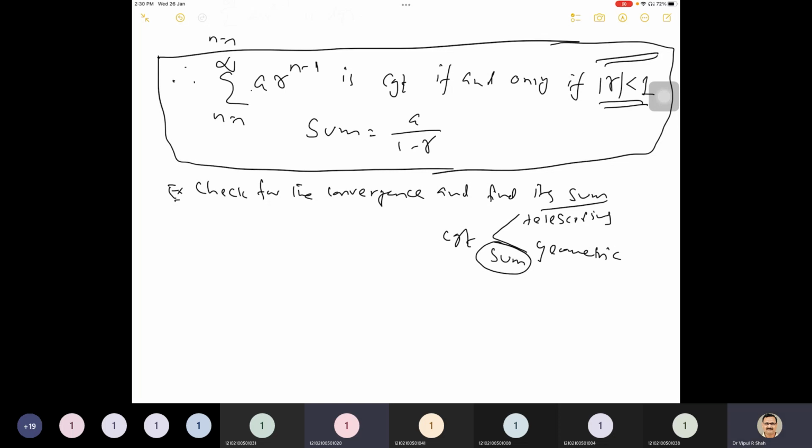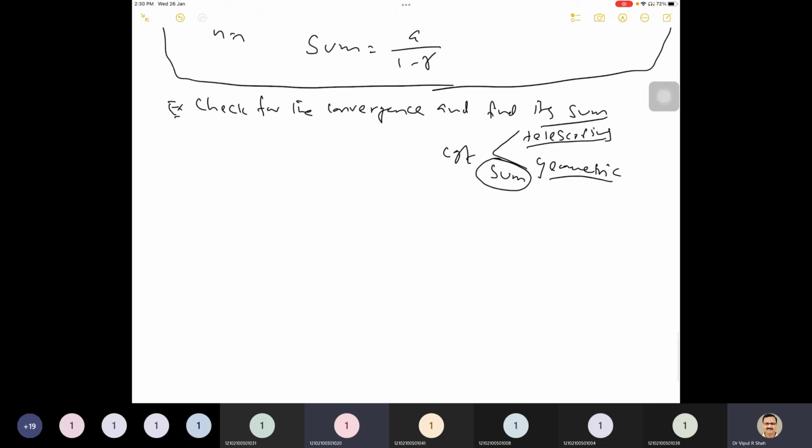If the sum is possible and we are in a position to give the exact sum, then the series is either telescoping or geometric. For any other series there is no exact sum; only convergent or divergent. We have seen two telescoping examples. Let us see one or two geometric examples.